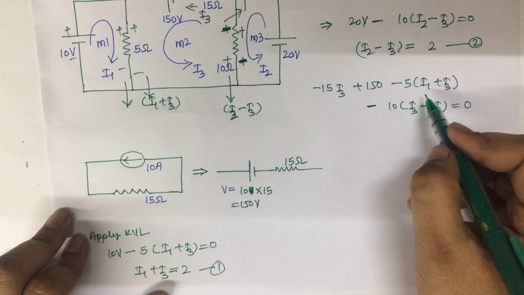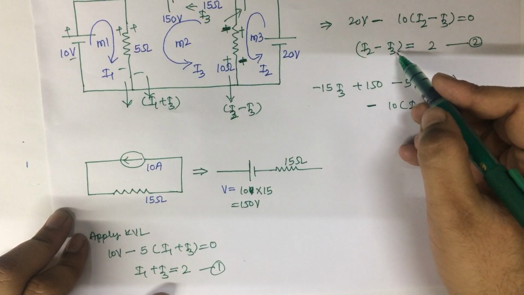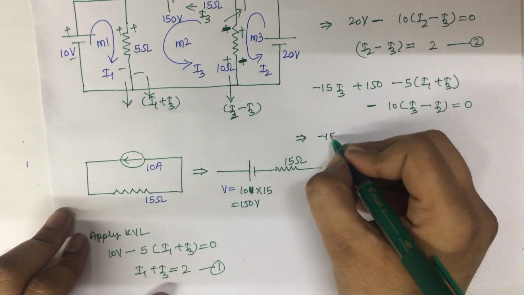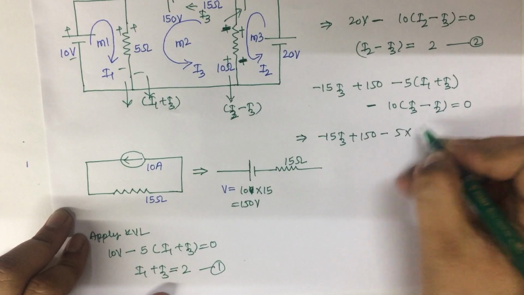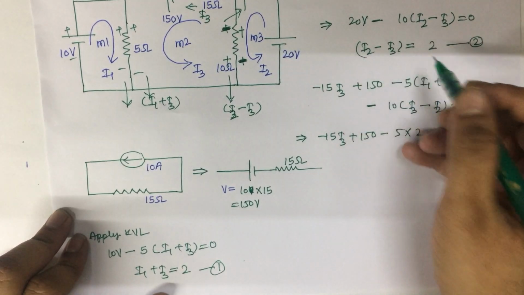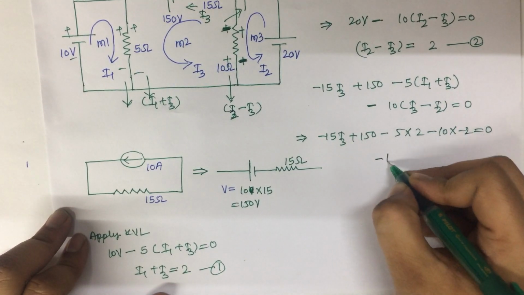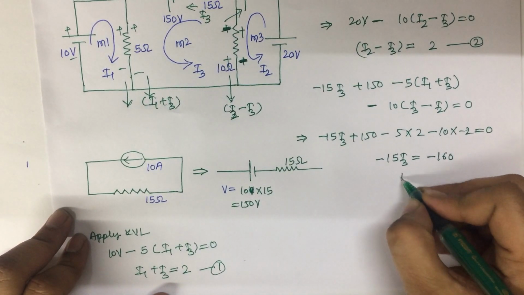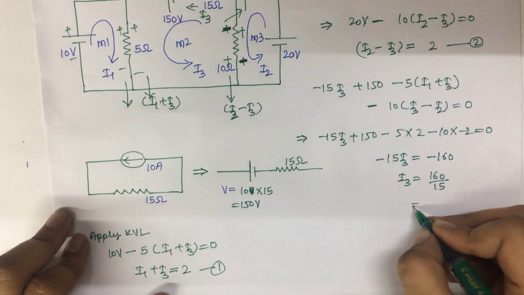So we put the value of I1 plus I3 from equation number 1, which is 2, and I3 minus I2 is minus 2. So we consider minus 15 I3 plus 150 minus 5 into 2 minus 10 into (minus 2) is equal to 0. So after solving it would be minus 15 I3 is equal to minus 160, and I3 is equal to 160 by 15.